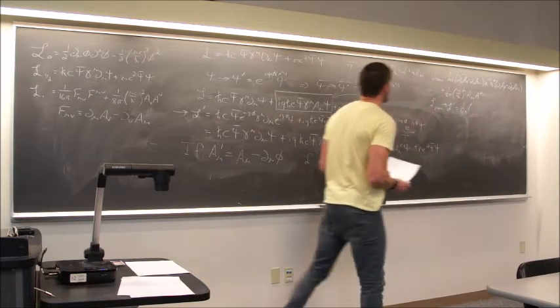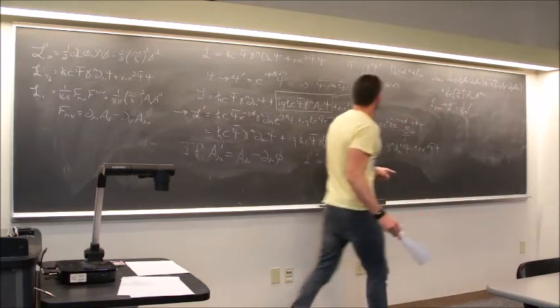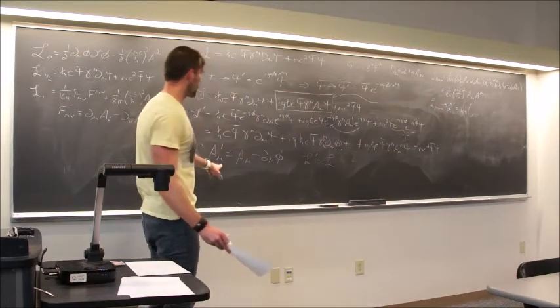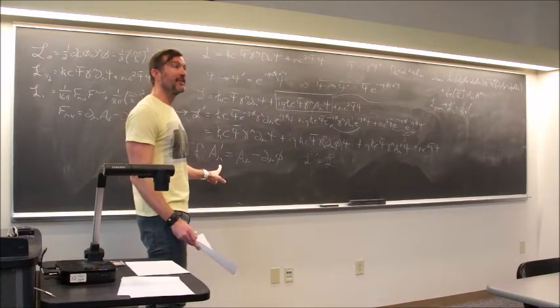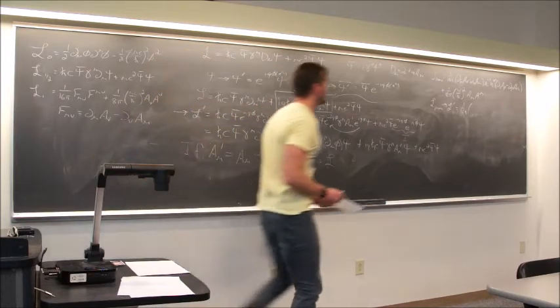So I'm going to plug in the new A everywhere it appears. And remember the new A, where'd it go? There it is. Okay. The new A is A_mu minus d_mu phi.